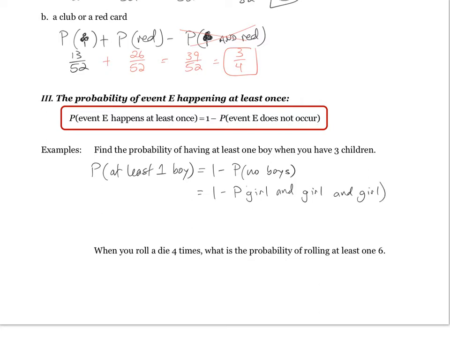And since we have ands in here, we can multiply all of these probabilities together.